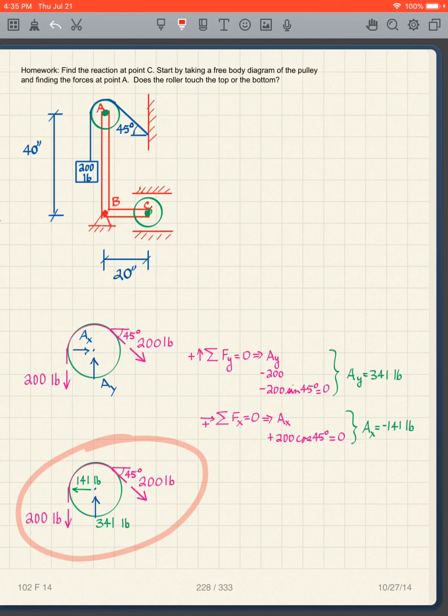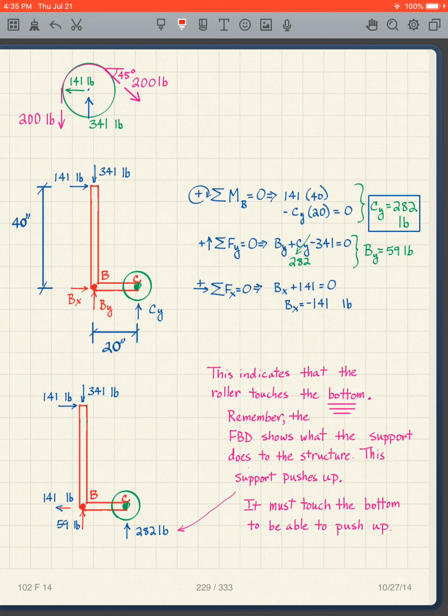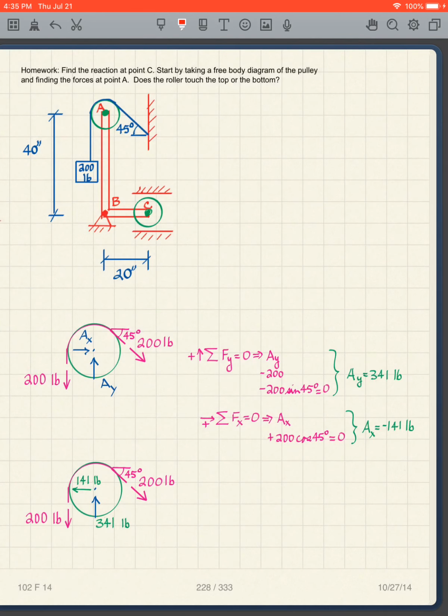So what do I have? I've got 141 horizontal, 341 vertical. Again, this one goes up on this free body diagram, and it goes also to the left on this free body diagram.